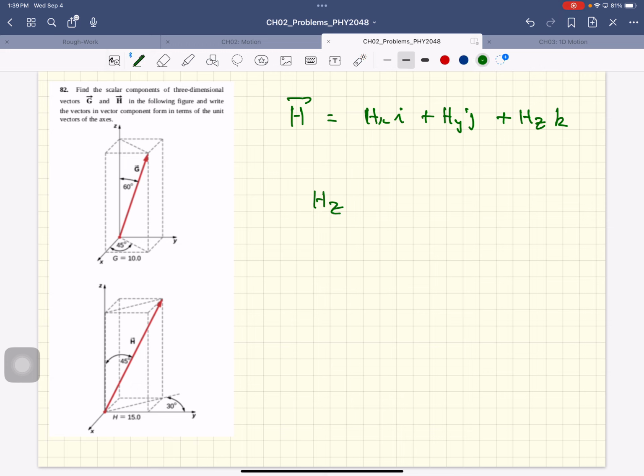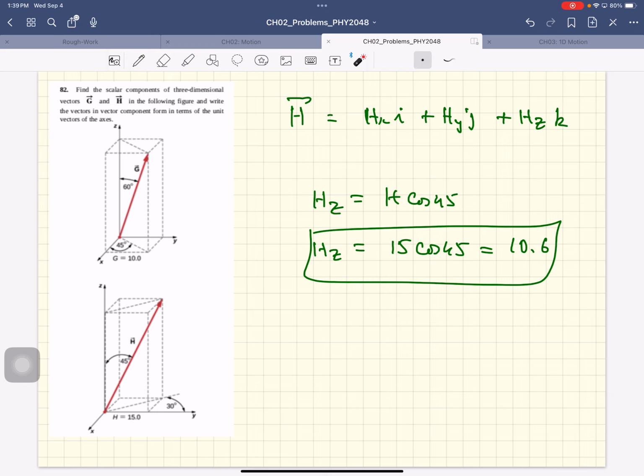So hz is h cosine 45, which is 15 cosine 45. Okay, so we have hz. Now to find the x component, what we need is the shadow of h on the xy plane.